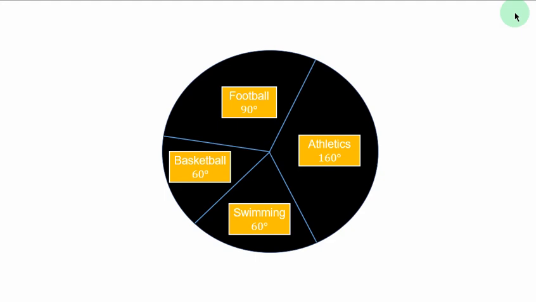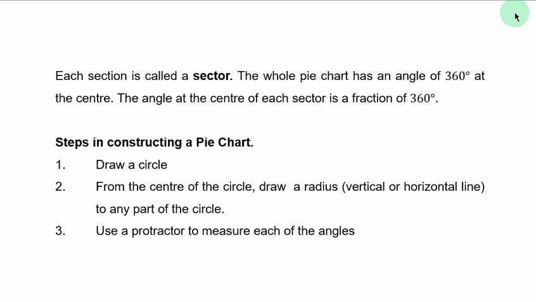What you have actually is frequencies. The frequencies are converted to degrees so that they can be measured in the circle. Each section is called a sector.